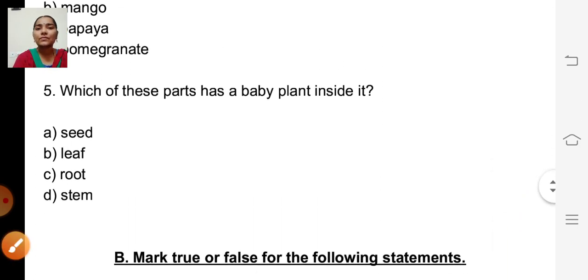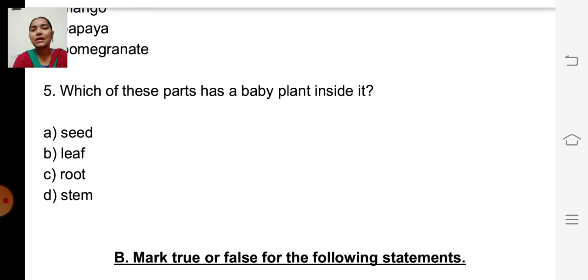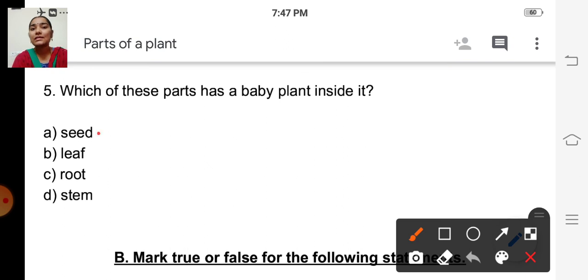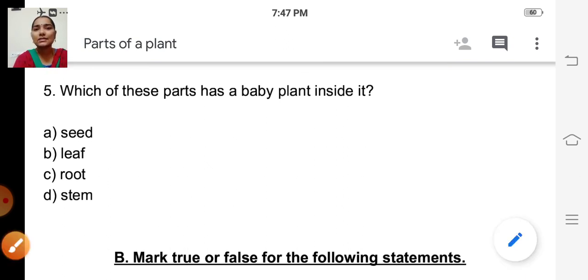Fifth question, which of these parts has a baby plant inside it? Options are seed, leaf, root, stem. So which has a baby plant? Seed, isn't it? Seed has a baby plant inside it.